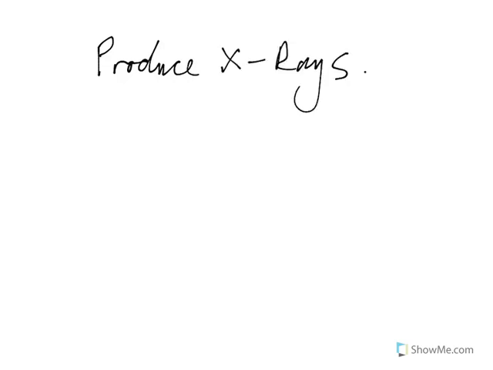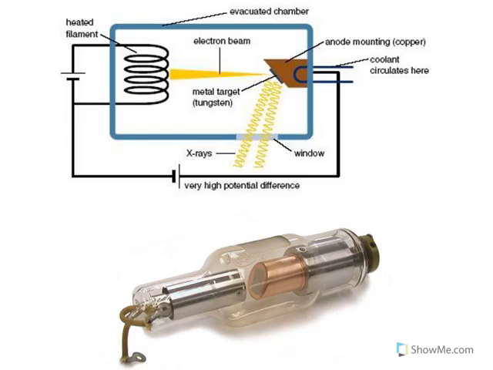Alright, so how do we produce them? What do we do to produce X-rays? In your notes there, I'll come back to the words that are missing, because I want to use this diagram that's there. Basically, it's a very specific apparatus, and down the bottom there, that's what it looks like.